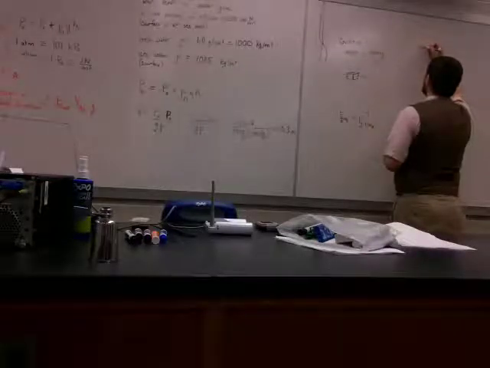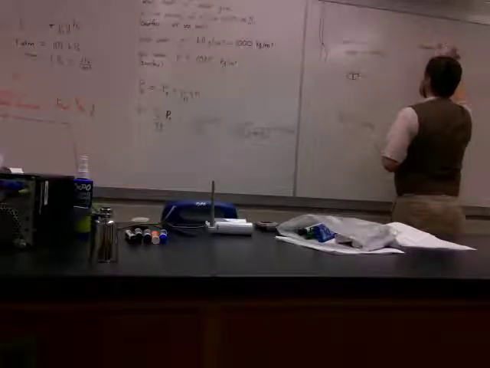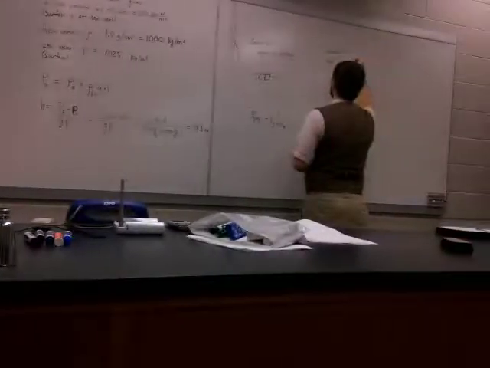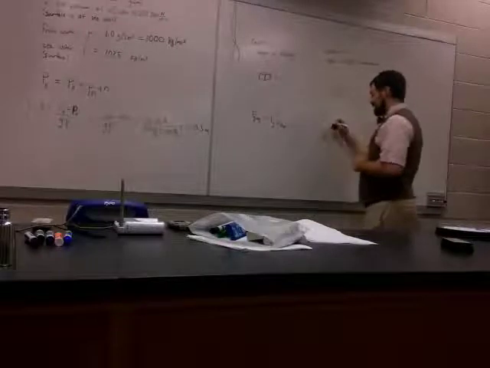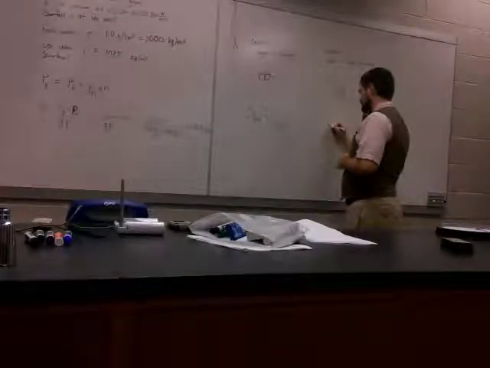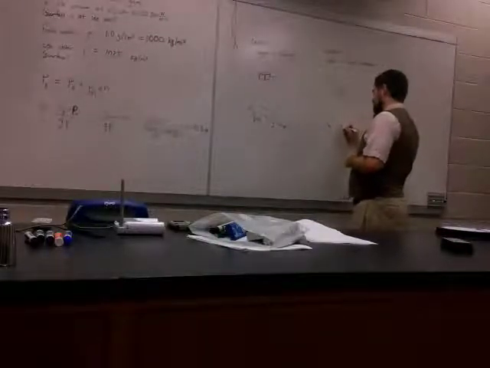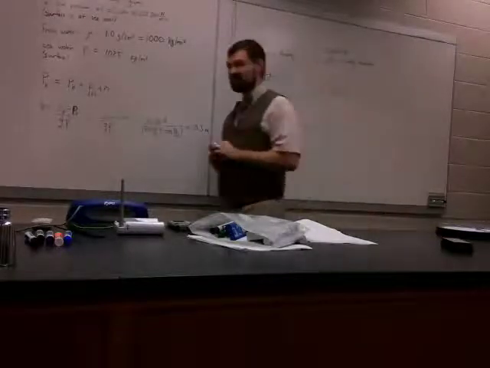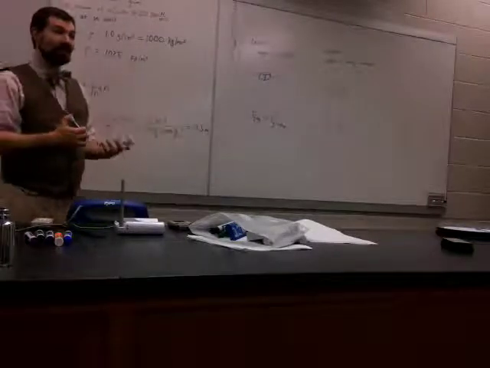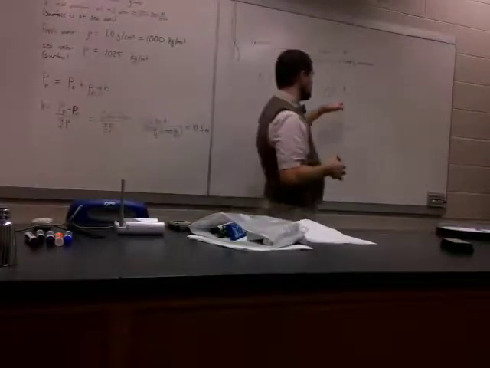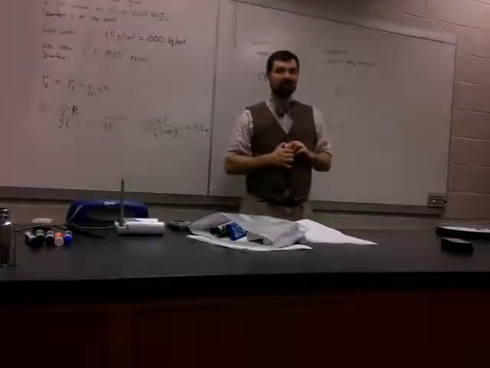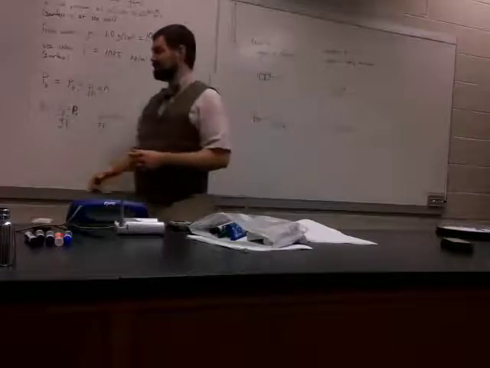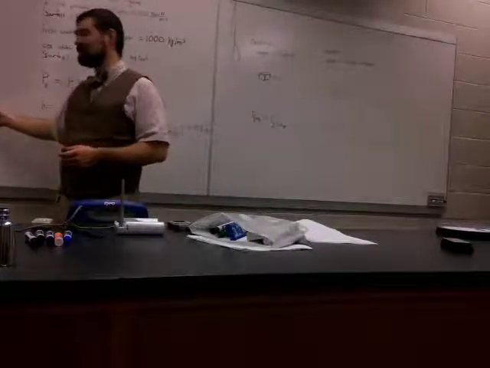Condition two, the object is totally immersed. In this case, volume of object and volume of fluid displaced have to be equal to each other. From that, you can figure out how much force you're getting on the object from the buoyant force. It should be the volume of the object times the density of the fluid times g.